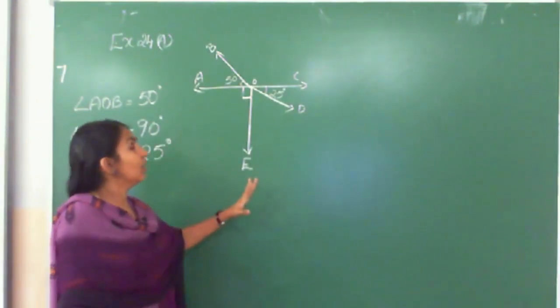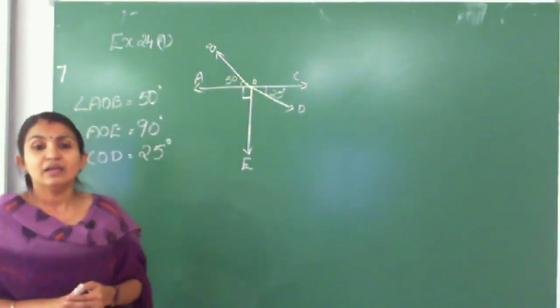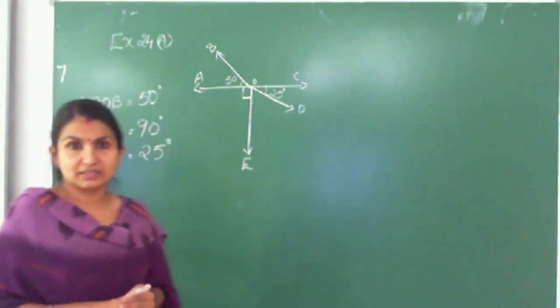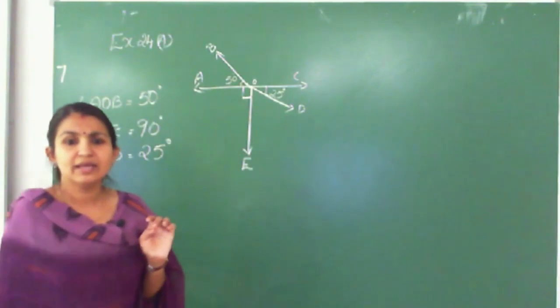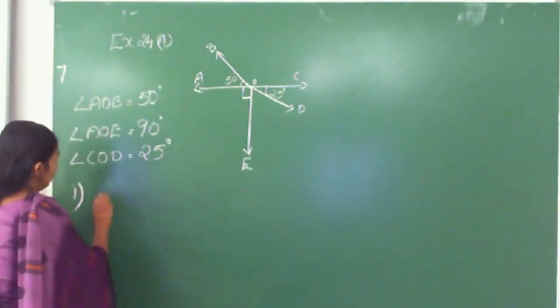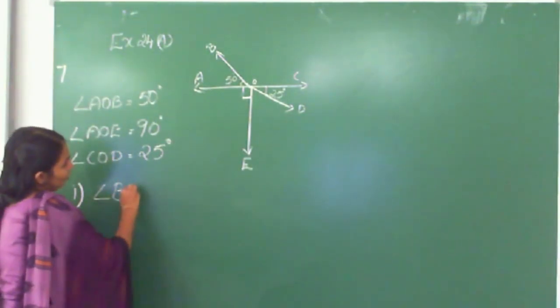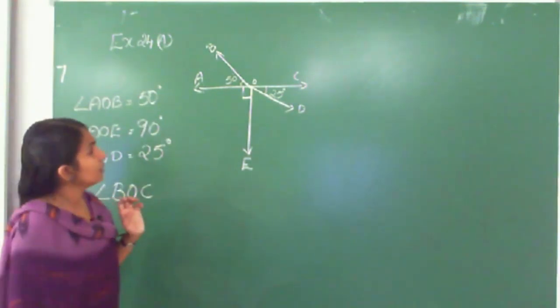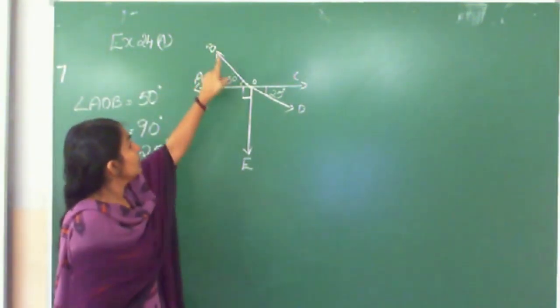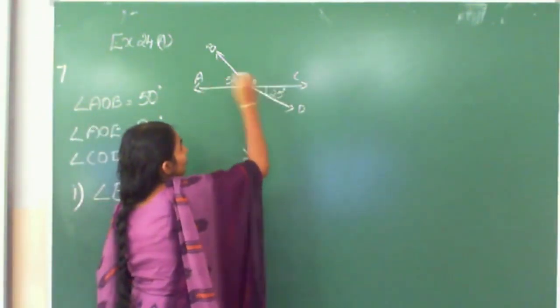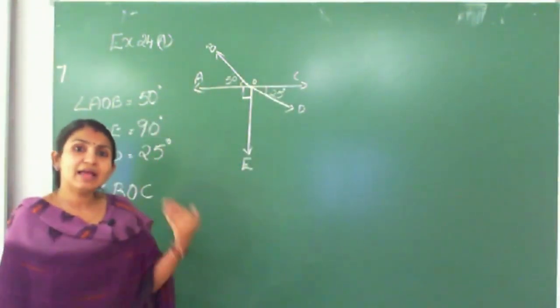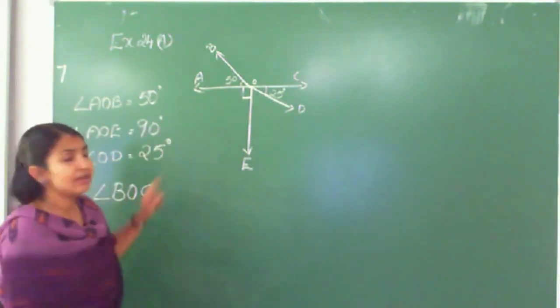Now we want to find out the answers to the given 5 questions. So what is the first one in that? The first one is angle BOC. BOC we want to find out. Where is BOC? Here, BOC. This angle we want to find out. Before that, are any other angles given other than these 3?